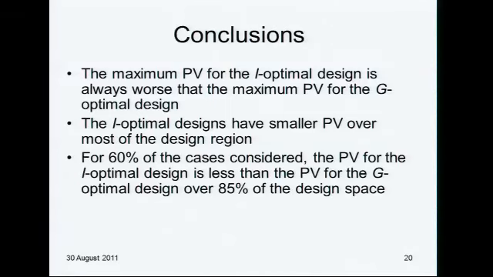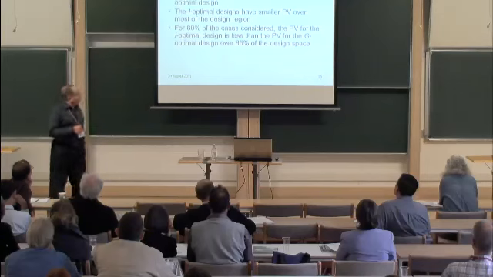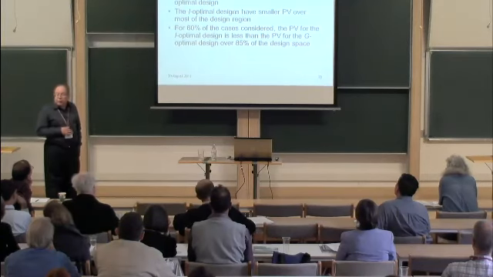So the conclusion is that the maximum prediction variance for these I-optimal designs is always worse than the maximum prediction variance for the G-optimal design. Are we surprised? No, because that's how the G-optimal design is created. But the I-optimal designs have smaller prediction variance in most cases over a large part of the design space. For more than 60% of the cases we looked at, the prediction variance for the I-optimal design is less than that for the G-optimal design over at least 85% of the design space.